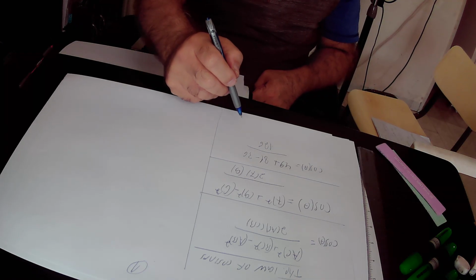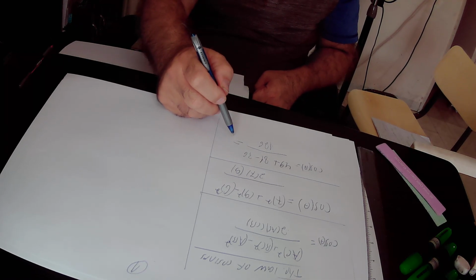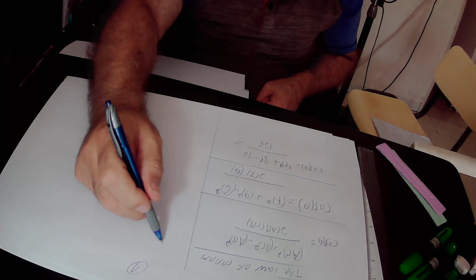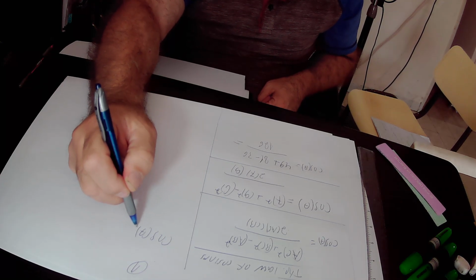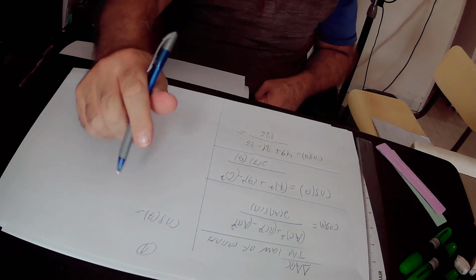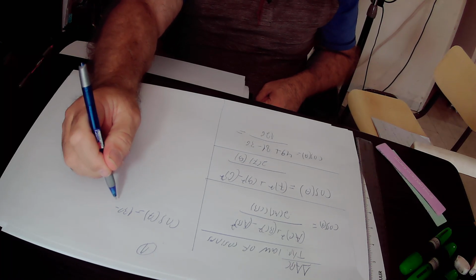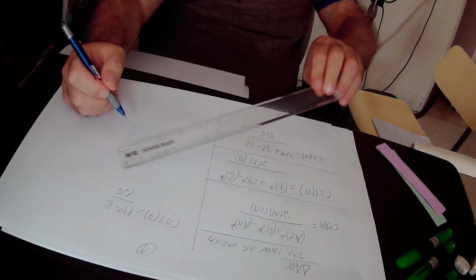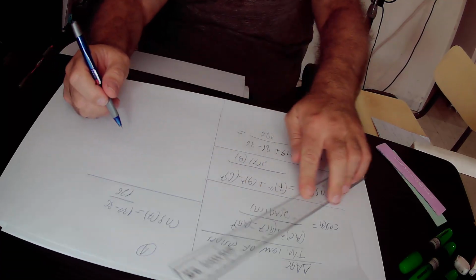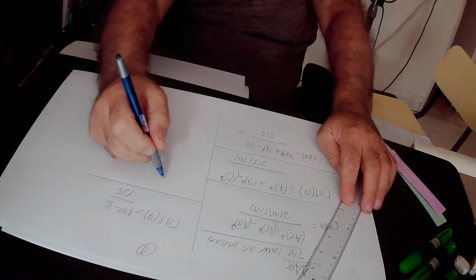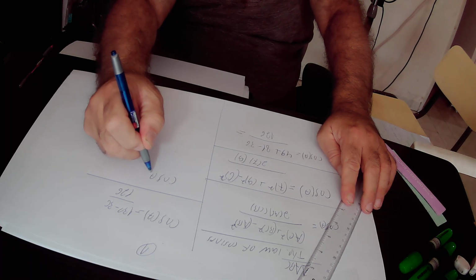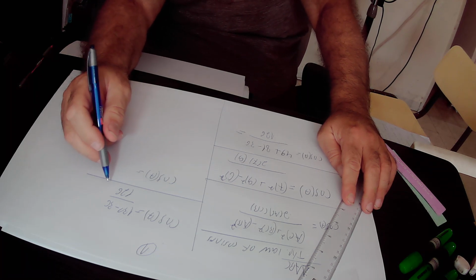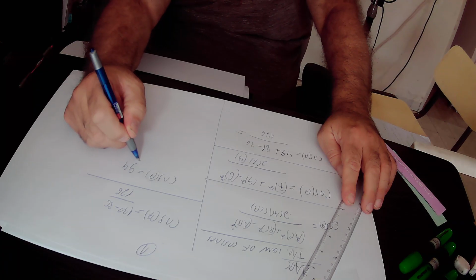So cosine theta equals 49 plus 81 minus 36 over 126. 49 plus 81 is 130, minus 36 is 94, over 126.